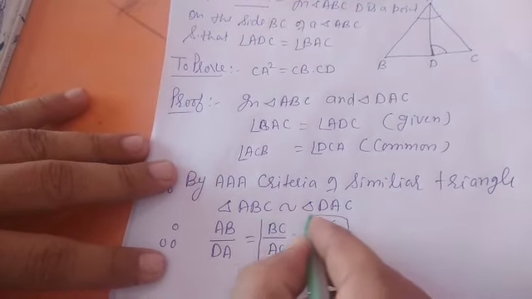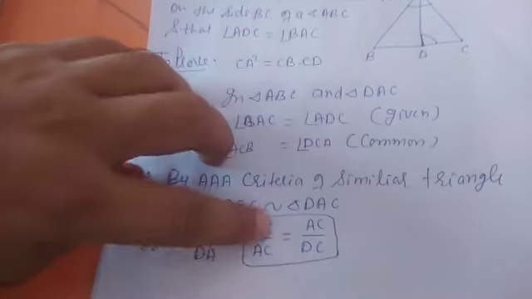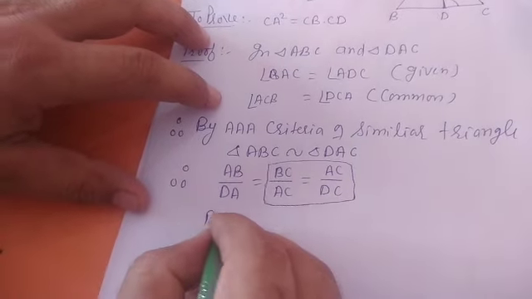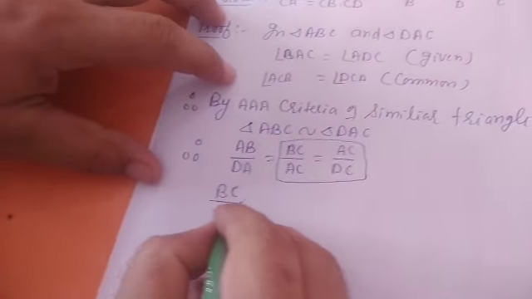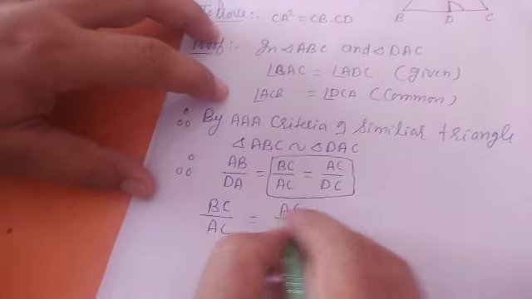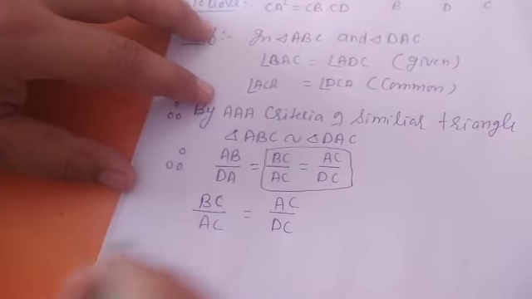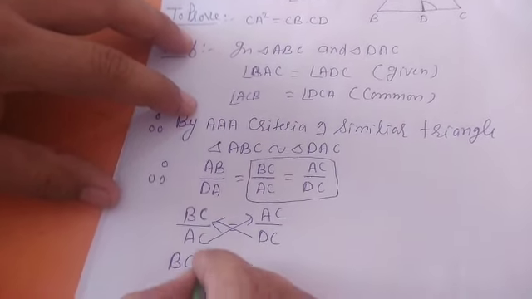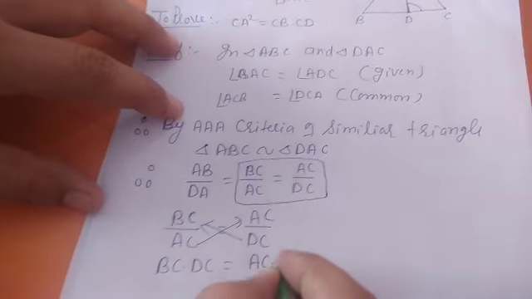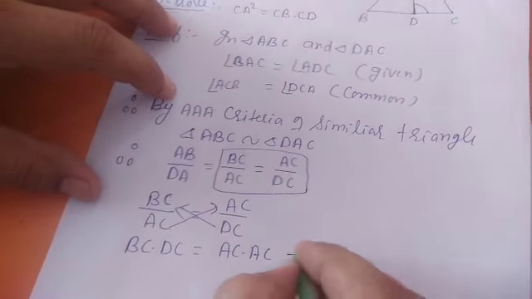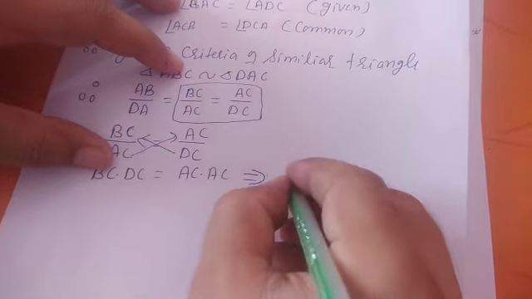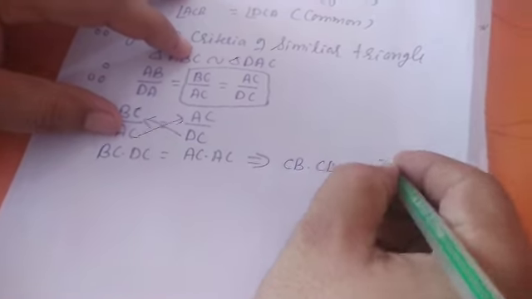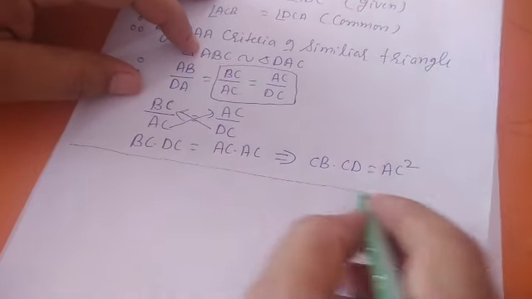These two you can take. These are important. Here CB, BC and you need CD. So BC by AC is equal to AC by DC. Cross multiplication: BC into DC is equal to AC into AC. This implies CB into CD is equal to AC square. Hence the result.